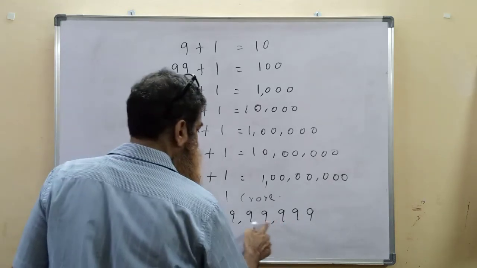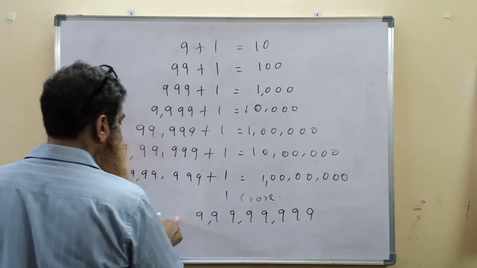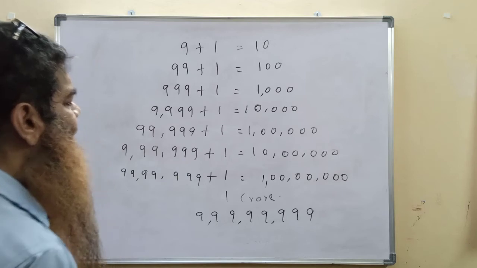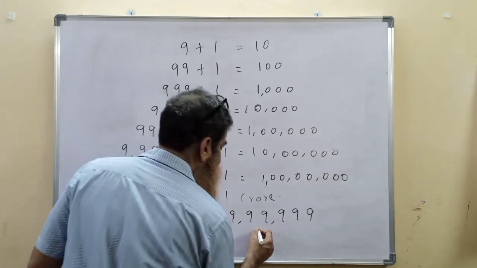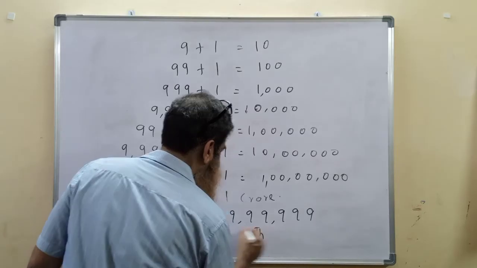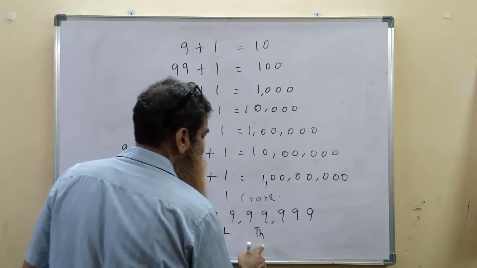It is actually 9 numbers. It is 9 crores 99 lakhs 99,999.